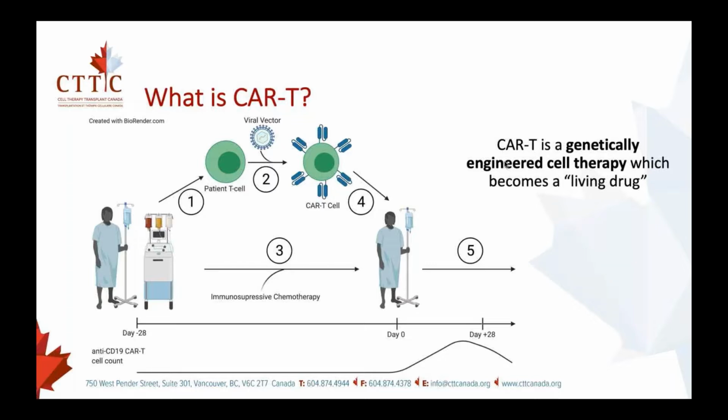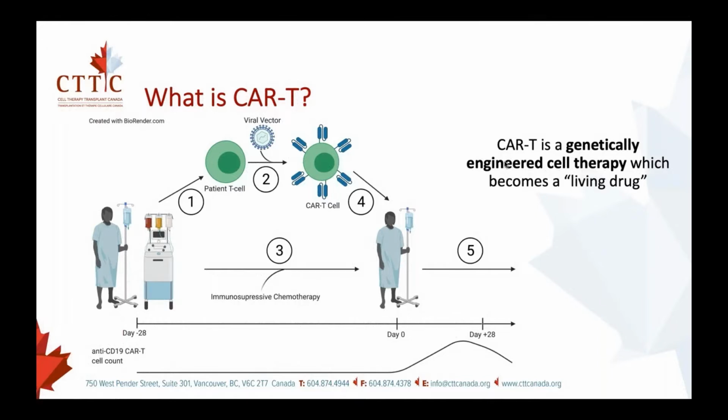But before the cells go into a patient, we give some sort of chemotherapy that you see as the number 3 there to enable those cells to properly engraft, or really take into the body, so the body doesn't reject them. And then once the cells go in, a patient is monitored for a period of time after that therapy for any side effects.